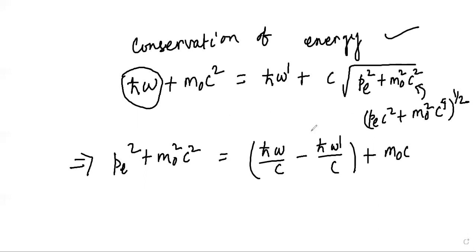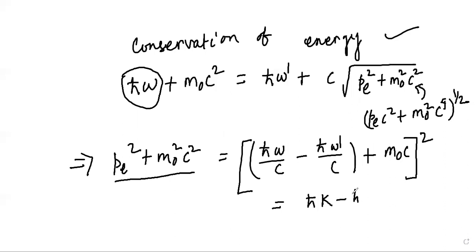It was under the square root, so this whole thing will now be squared. That will give us pe squared plus m0 squared c squared. Now h bar omega by c is nothing but h bar k, and h bar omega prime by c gives us h bar k prime, in the bracket, and then we have m0 c, and the whole squared.